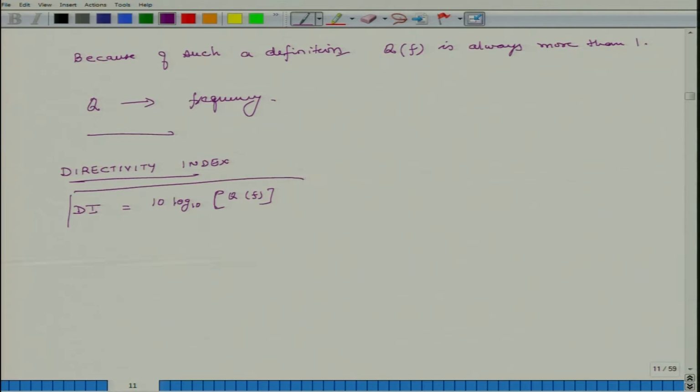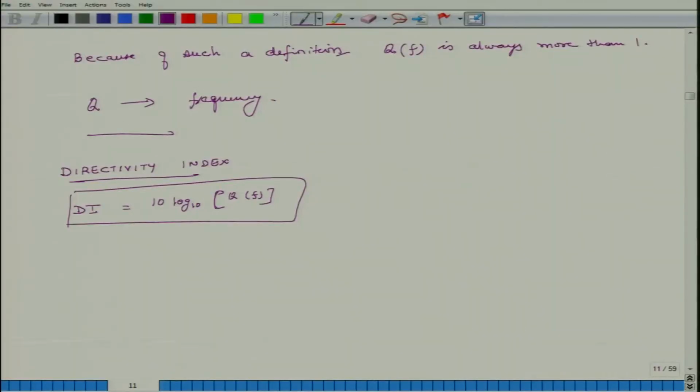So, that is directivity index. Okay. So, these are the three ways to measure directivity. One is through beam width, second one is through directivity factor, and if I just take the log of directivity factor and multiply it by 10, I get a directivity index.